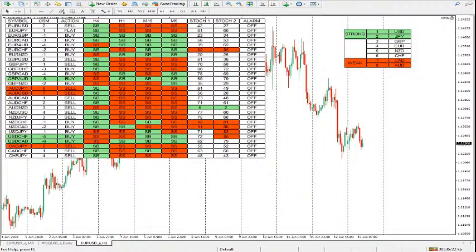We have GBP NZD, AUD JPY, AUD USD, AUD CAD, AUD CHF, AUD NZD, and NZD JPY all the way up to NZD CHF, all of them we are downwards. And then we have USD CAD where there's an active uptrend, and then we have CAD JPY where we have a downtrend, and then we have CHF JPY where we also have a very good downtrend.